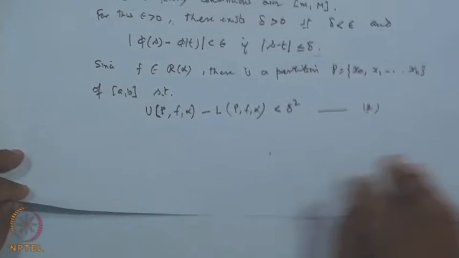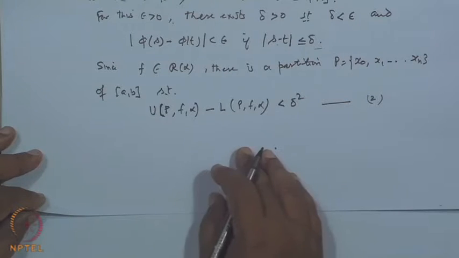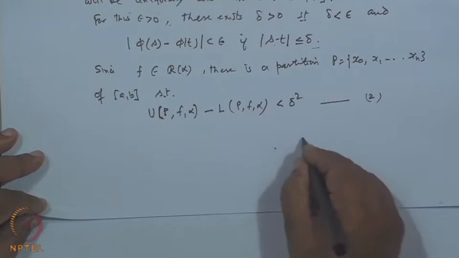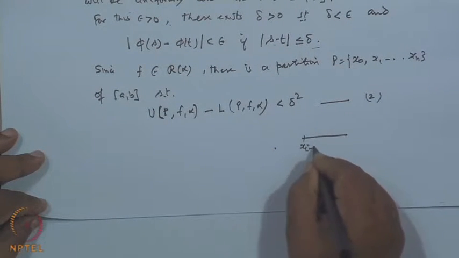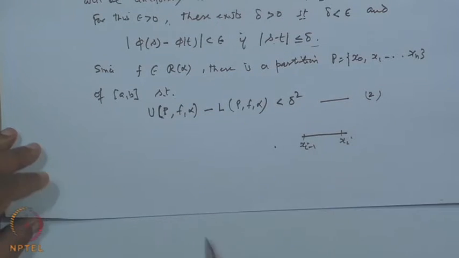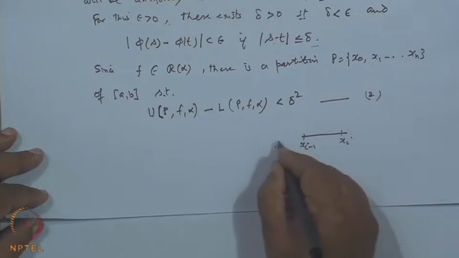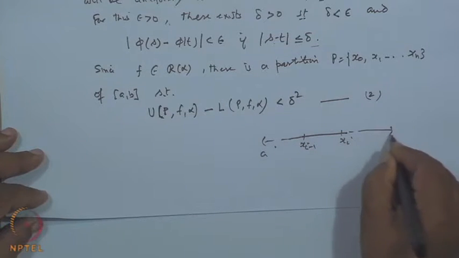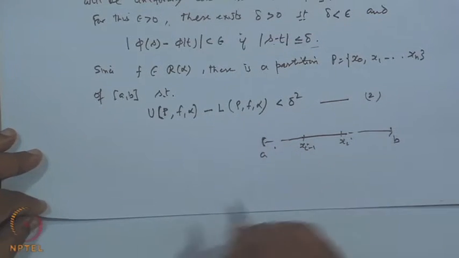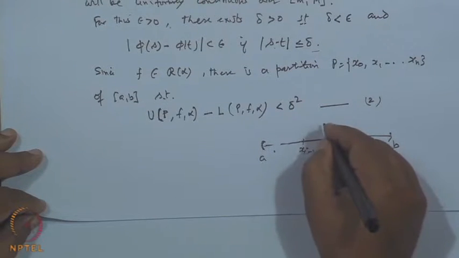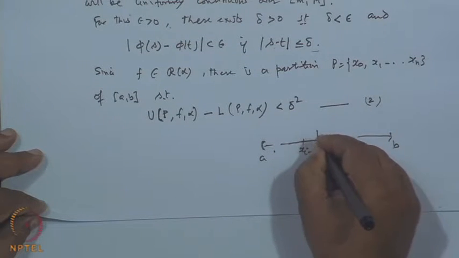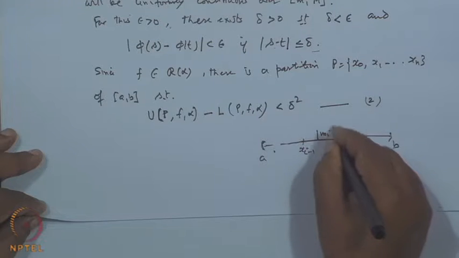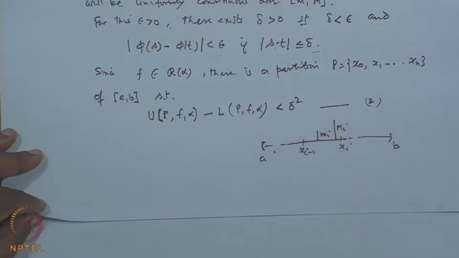Now, over the sub intervals we have, let [x_{i-1}, x_i] be the sub interval of this partition of [a, b]. Here the function attains its minimum value, say m_i, and the maximum value, say capital M_i.